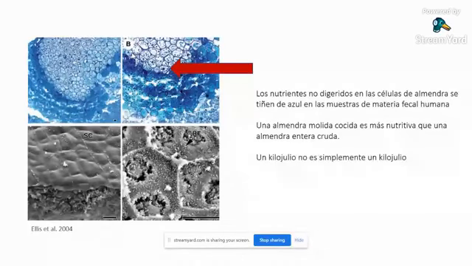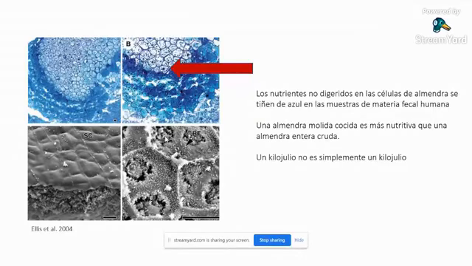But I really wanted to put a few slides in this talk today about how it's not just what we eat that's important, but how we eat it. A calorie is not simply a calorie, or a kilojoule is not simply a kilojoule. This slide shows how nutrients can be consumed but not necessarily exploited by the digestive tract.